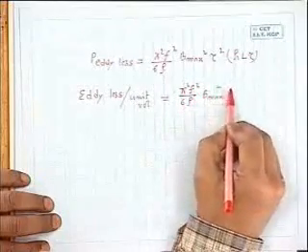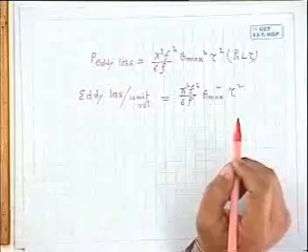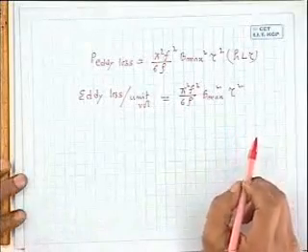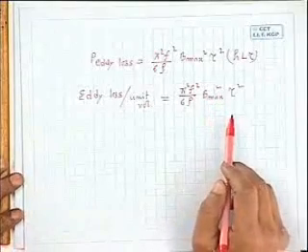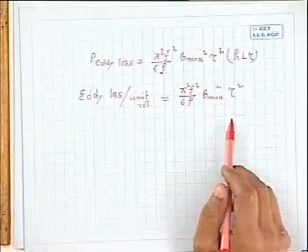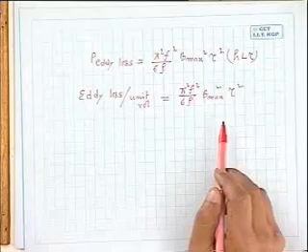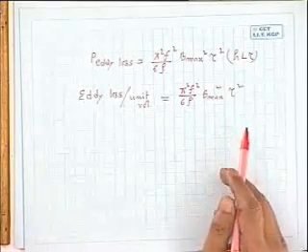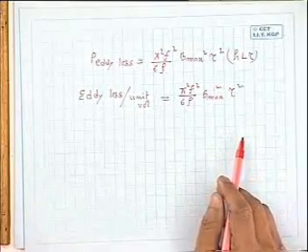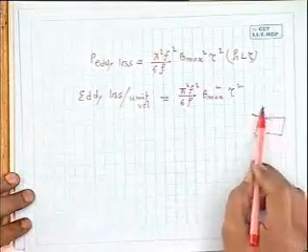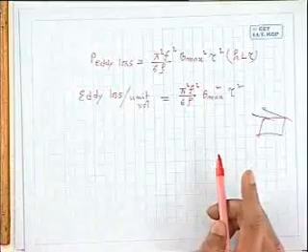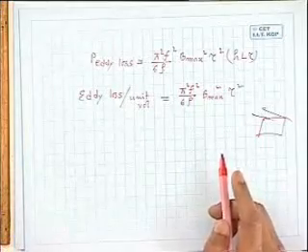Pi square f square by 6 rho b max square tau square. Per unit volume it is like this. Therefore, per unit volume of the eddy current loss, it will depend upon, for thin plates, this I remind you once again, this formula will not hold good for a big plate like that, this one.